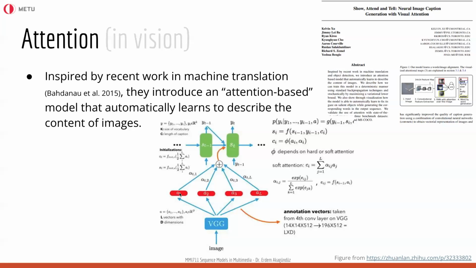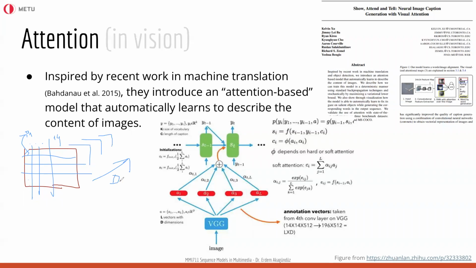So the first location will be, maybe I should draw it. This is the input image. In the final layer, it is being cut into 14 pieces. So this will be representing A1, right? However, there are many filters going on, which is the number D, in this case 512.